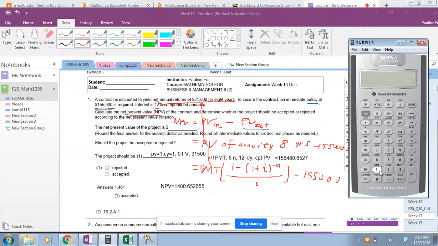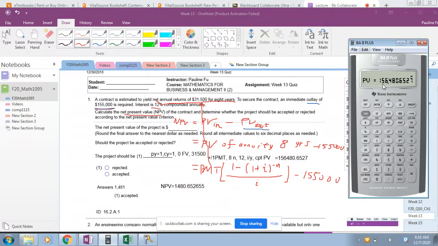Okay. And 12 is I/Y, interest. 8 is N, years. You entered 3 numbers. Remember, you need to enter 4 numbers. So don't forget 0 for FV as a precaution to clear any previous entries. Final step, compute PV.